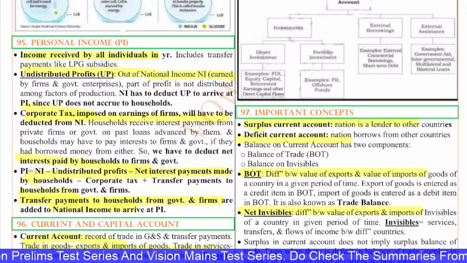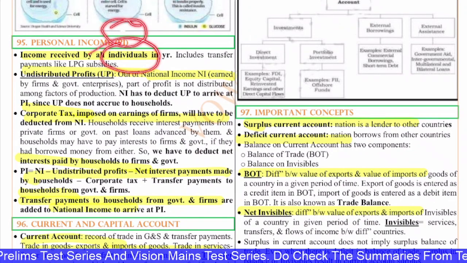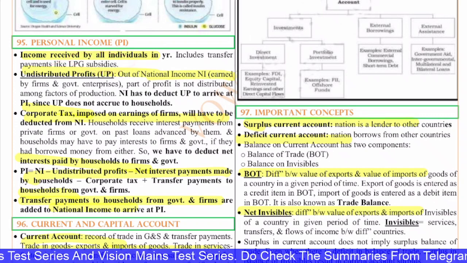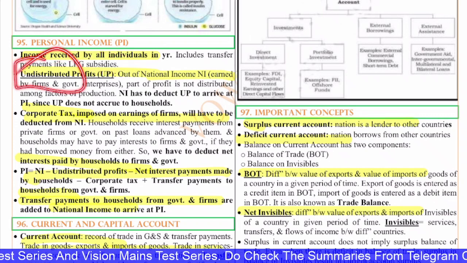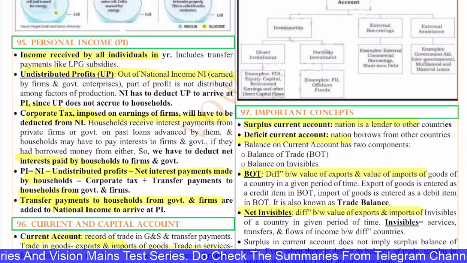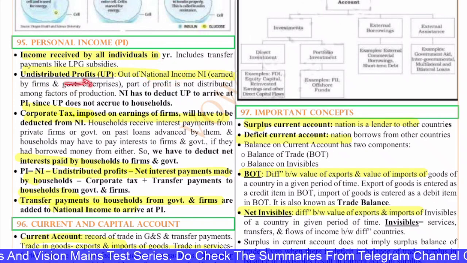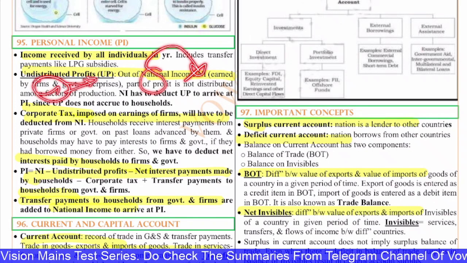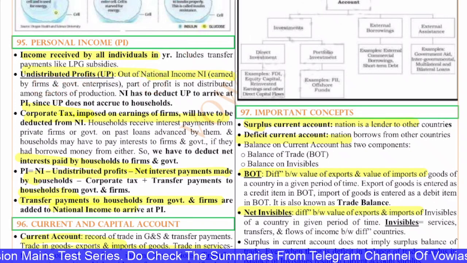Next, personal income. It is the income received by all households, all individuals in a year, including transfer payments like LPG subsidies. Undistributed profits means the profits which are not distributed. Out of the national income earned by the firms and government enterprises, part of the profit is not distributed among the factors of production, that means land, labor, capital and entrepreneurship.